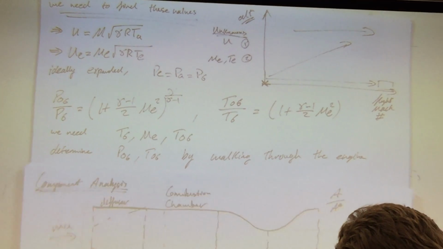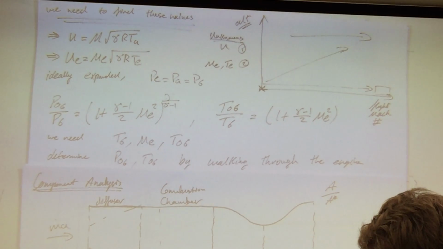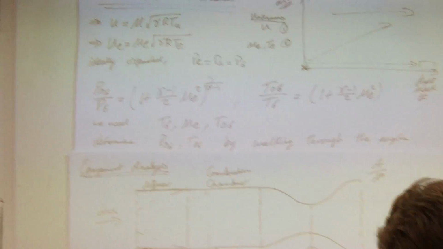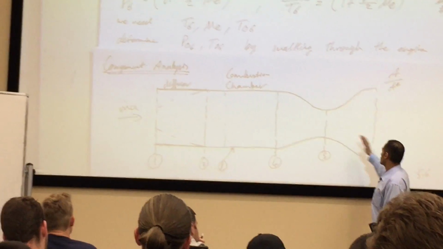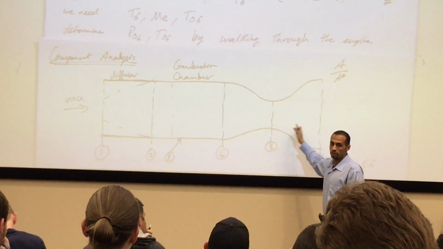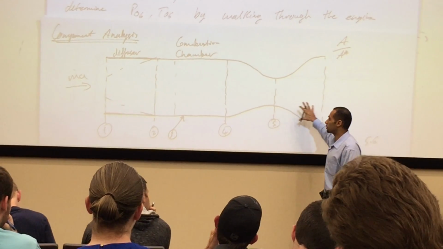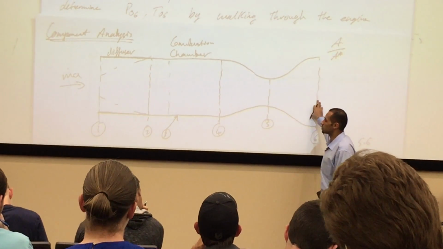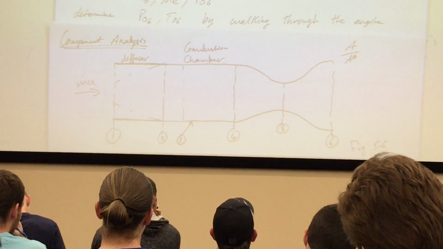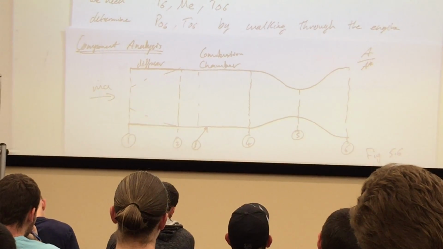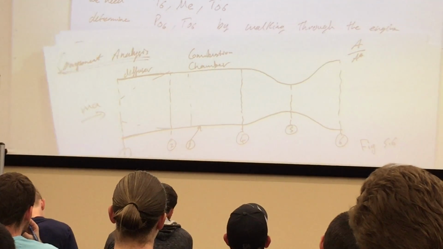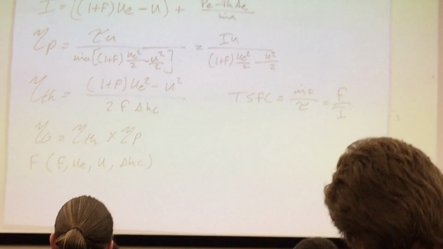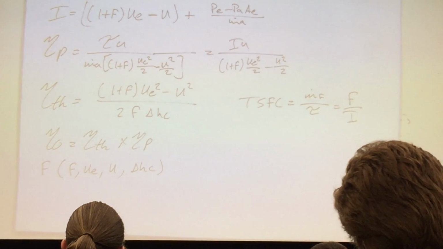If I'm trying to determine the performance of this engine, meaning efficiency, thrust, ESFC, if I know the conditions at the exit of the engine, I don't need to bother computing all the stuff inside the engine, because I can use this information and couple it in with what we already derived as your dependent parameters, which are specific thrust, propulsive efficiency, overall efficiency, and thermal efficiency.